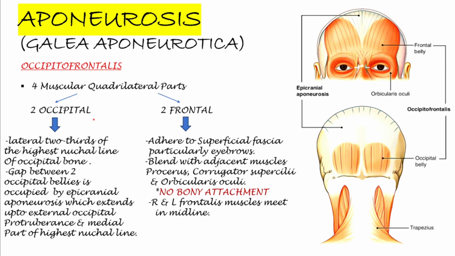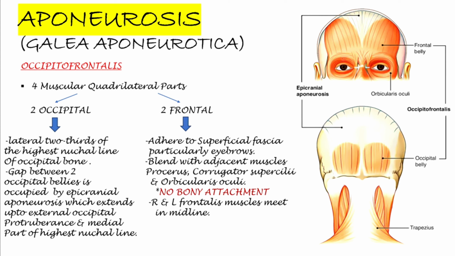The occipital belly arises from the lateral two-thirds of highest nuchal line of occipital bone. Gap between the two occipital bellies is occupied by the epicranial aponeurosis or galea aponeurotica, which extends up to the external occipital protuberance and medial part of highest nuchal line.